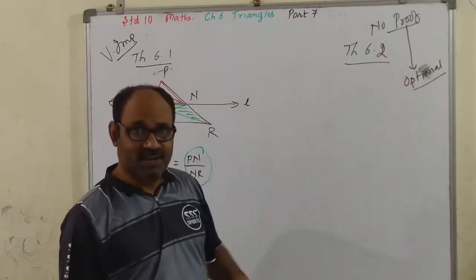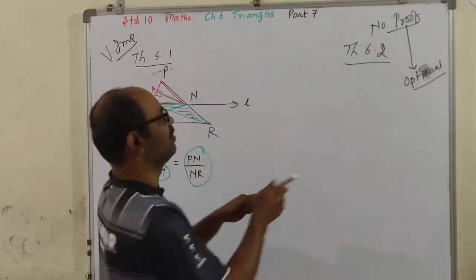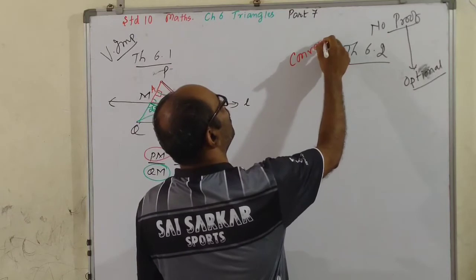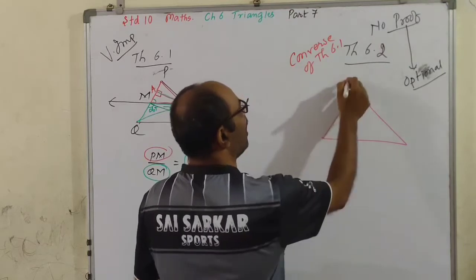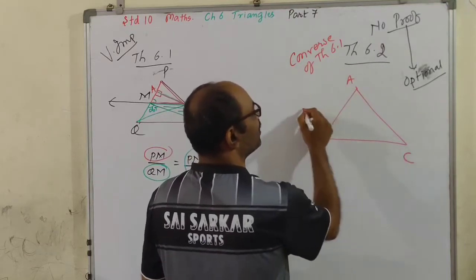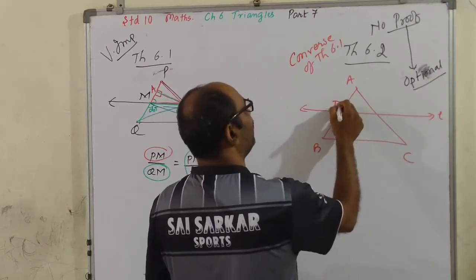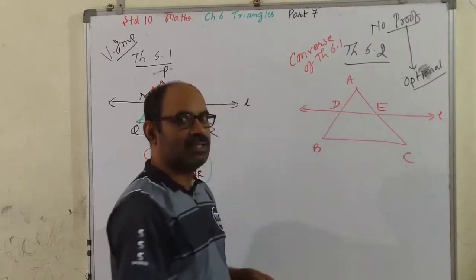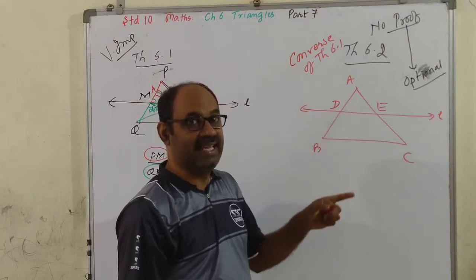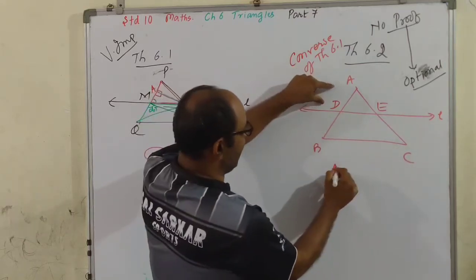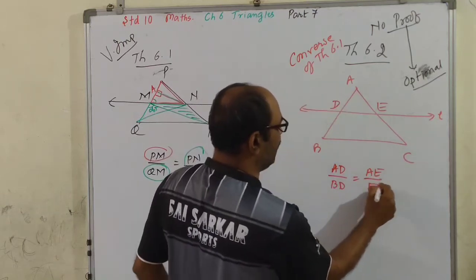Fine. What was the other theorem? 6.2. It is the converse. Actually, it is the converse of theorem 6.1. Now look here. Here one triangle is given, ABC. There is a line intersecting two sides in points D and E. It intersects two sides. But the intersection of line L in two sides at points D and E is such that AD/BD is equal to AE/EC.